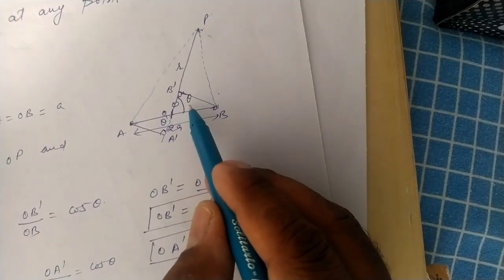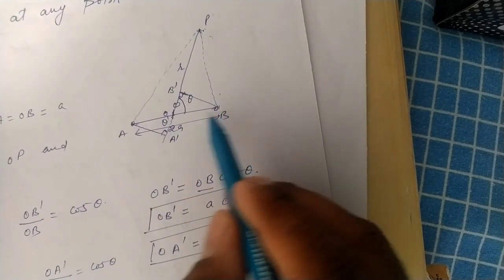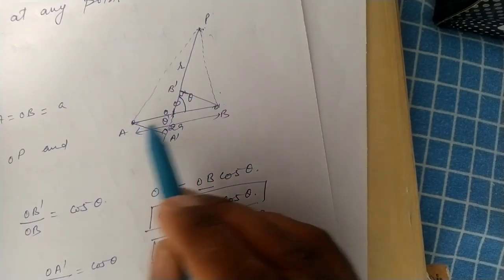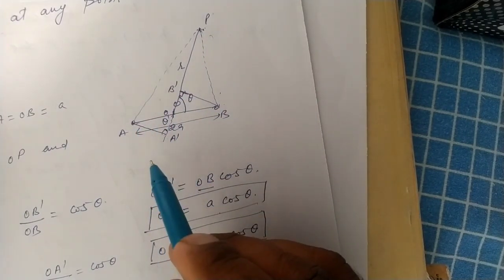Here angle theta is the angle between BOP and OA dash.